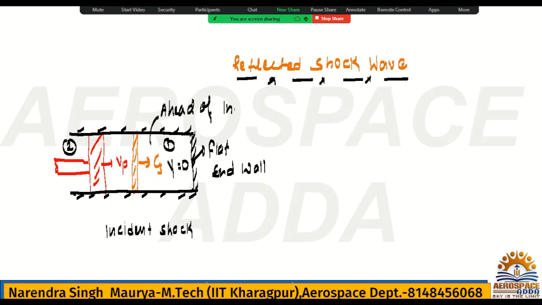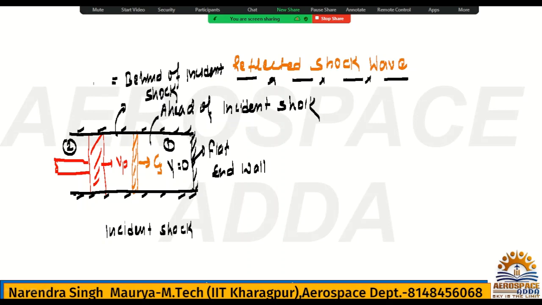Check. This is ahead of the incident shock, and this is behind the incident shock. So what is the velocity behind the incident shock? It is Vp.